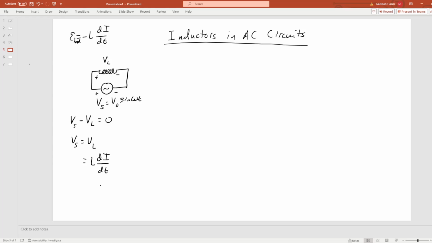And this is because your source is going to be in the opposite direction of your induced, which must be the case because the induced is your back EMF. So with that in mind, we can now say that V naught sine omega t is equal to L di dt.